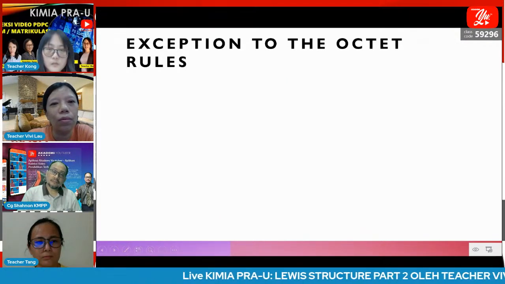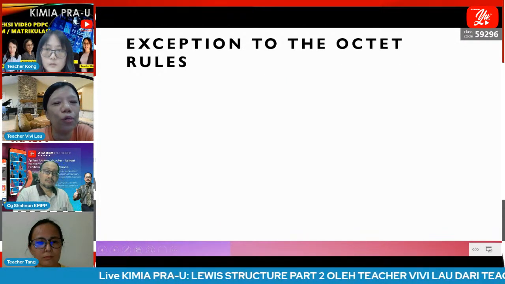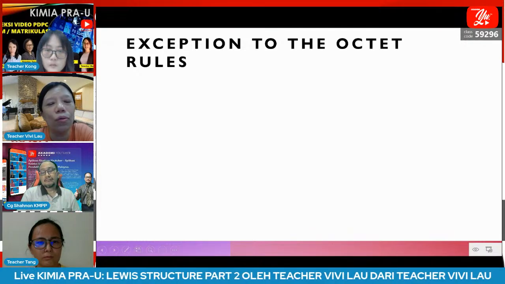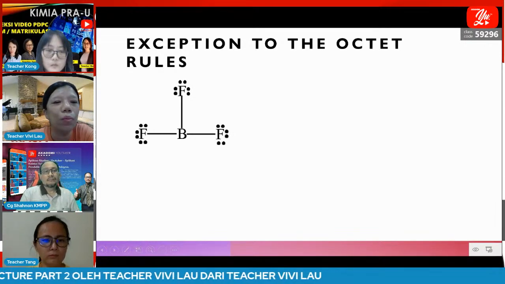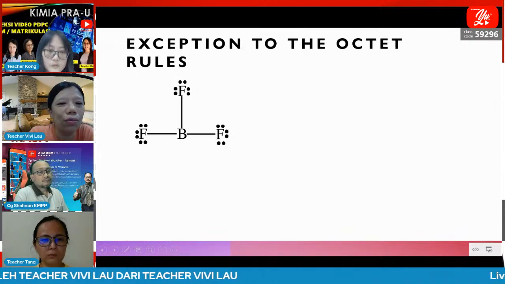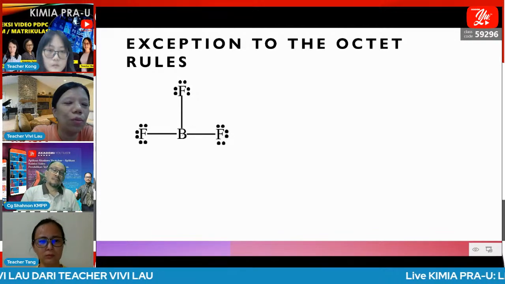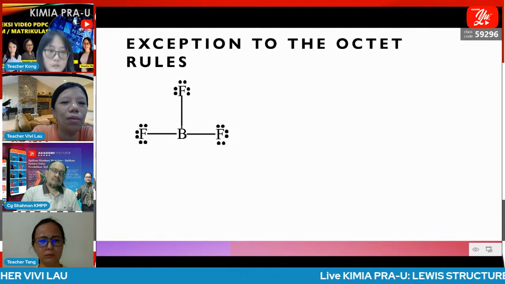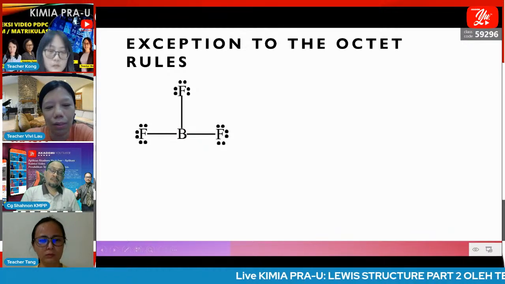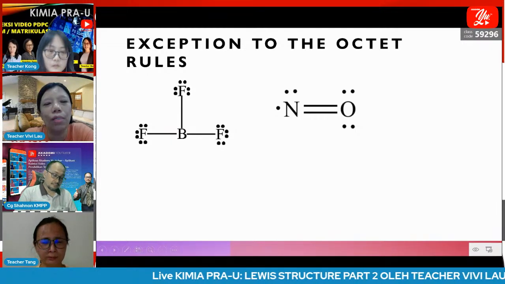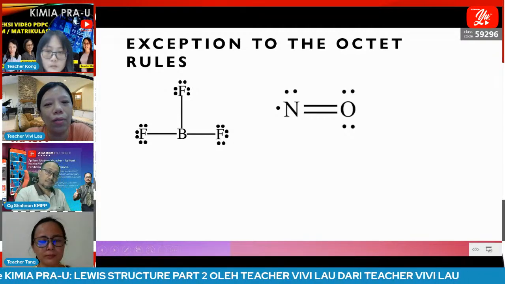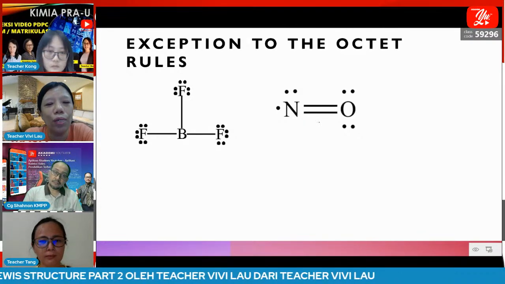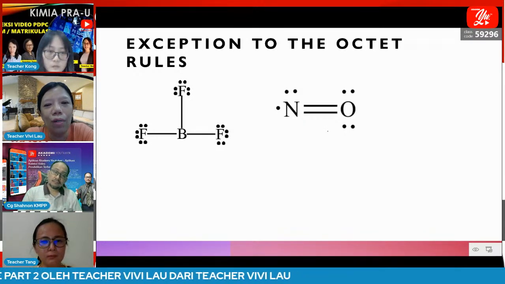Okay, so now we look at examples of molecules that do not obey the octet rule. First, boron trifluoride, BF3: the boron only has 6 electrons. The next one, just now that one is NO2, this one is NO, nitrogen monoxide, which also has 1 odd electron.